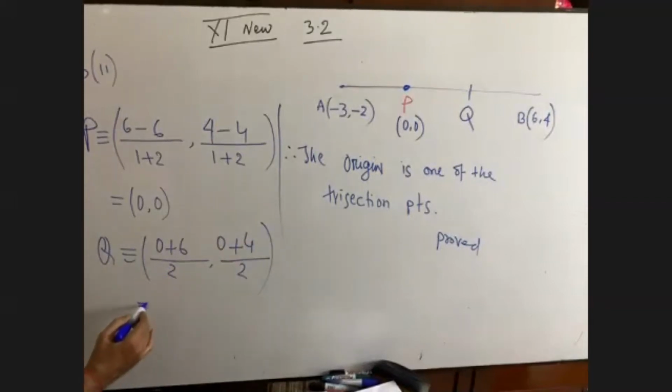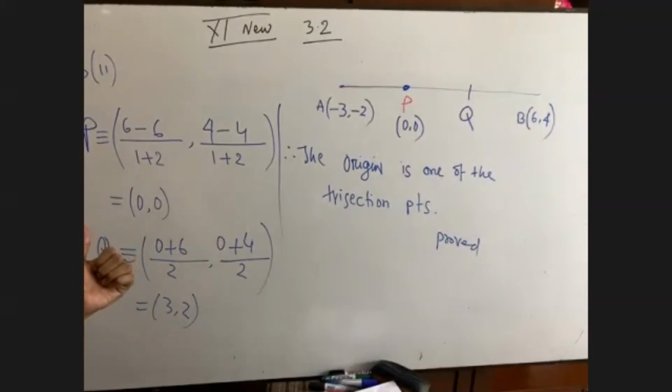So we are getting (3, 2). So we have got another point. We have got the two points P and Q, where it has been proved that one of the trisection points is the origin. Have you got P or not? All of you are required to talk to me. Yes, sir.